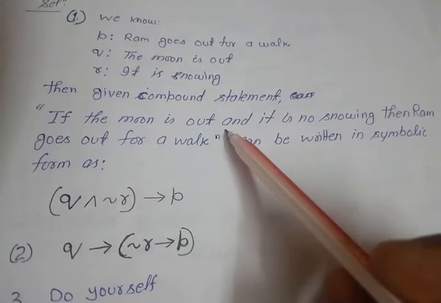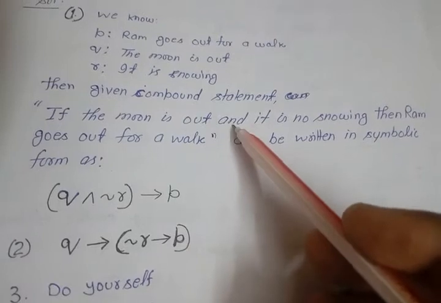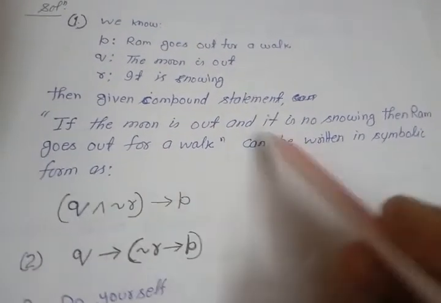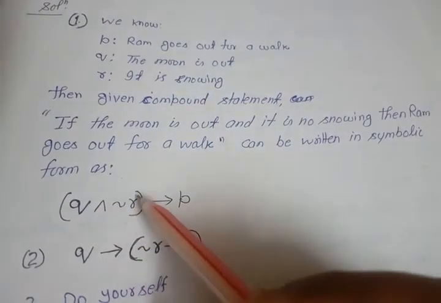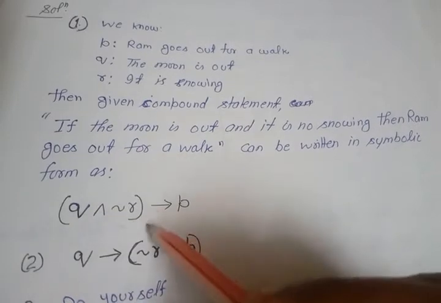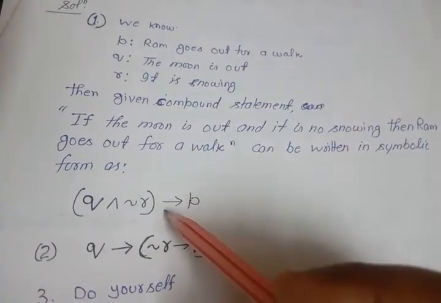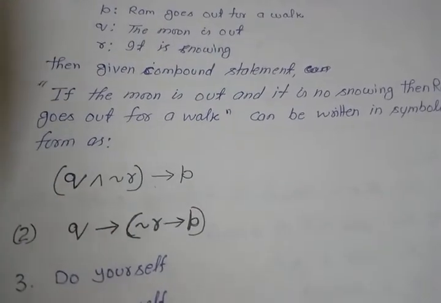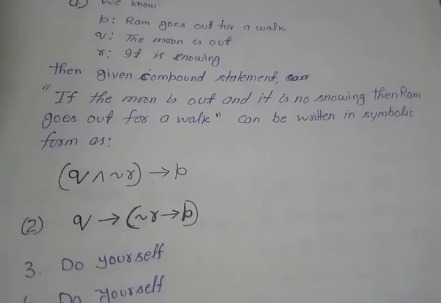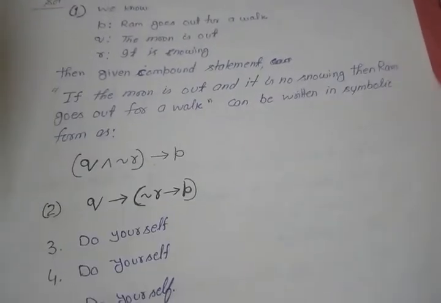If the moon is out, this statement is Q. We have written Q and put the connective AND. It is not snowing; this was it is snowing. We have written it in negation form, covered it with a bracket and used the conditional arrow with the given statement P. Similarly, you are instructed to solve the second and third. Here we have written the value of the second. Now you are requested to solve the third and write it in symbolic form.